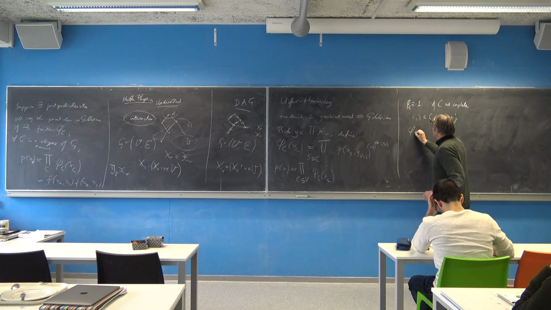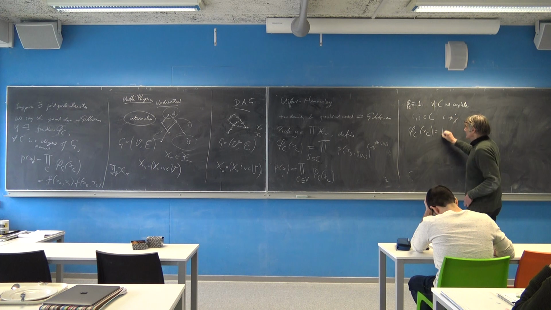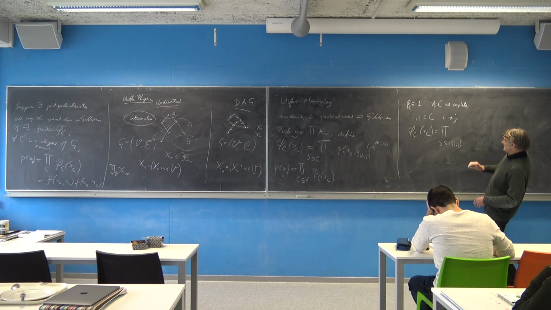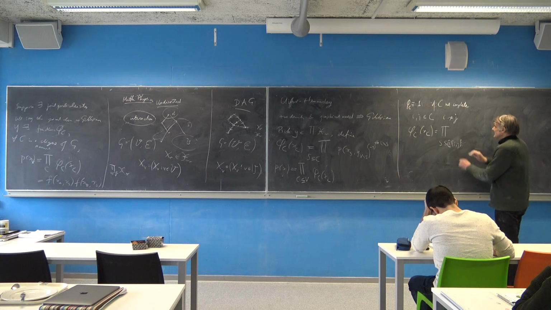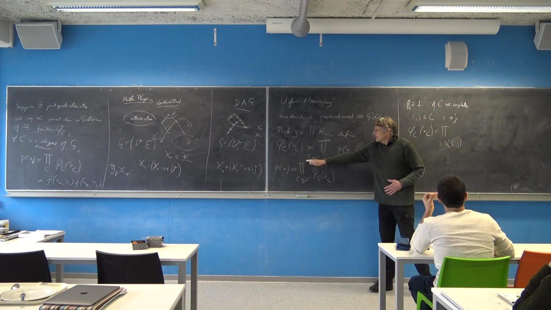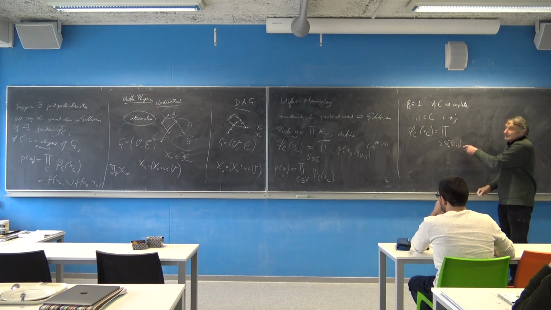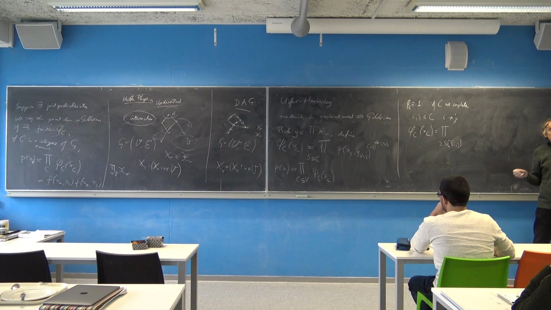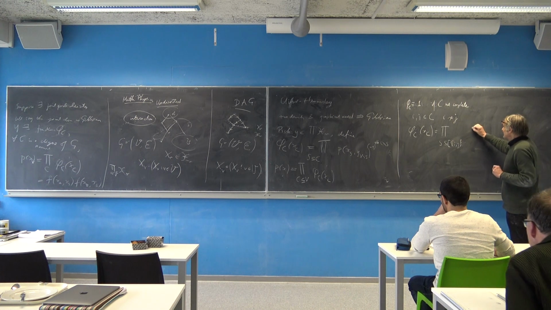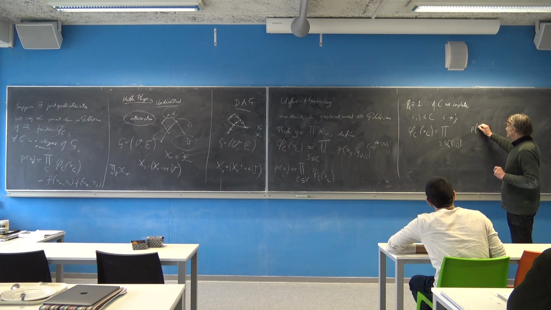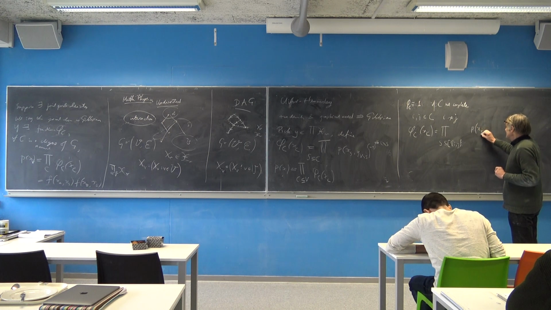And we get that phi C of x_C is the product over S, this is now a different S, S contained in C minus I and J. So I'm looking at the S's here which don't contain the variables I and J, but I'm going to consider both the case when you put I in, you put J in, and you put both in. And the answer is that you get something complicated, P of x_S.